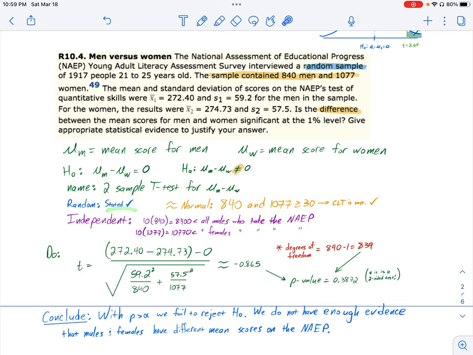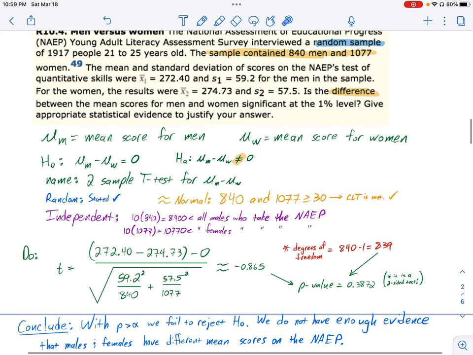Random was stated in blue right there. Normal is that both of these samples for the t-test are plenty big. 840 and 1077 are way bigger than 30. So the CLT is met. Independence: multiplying each sample size by 10, you get 8,400 and you get these two numbers.